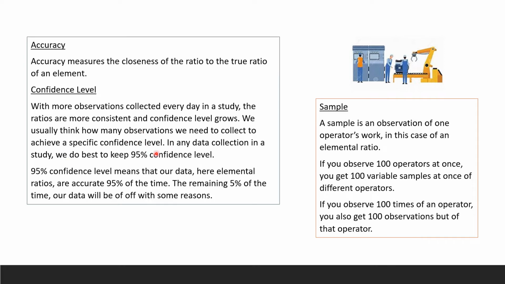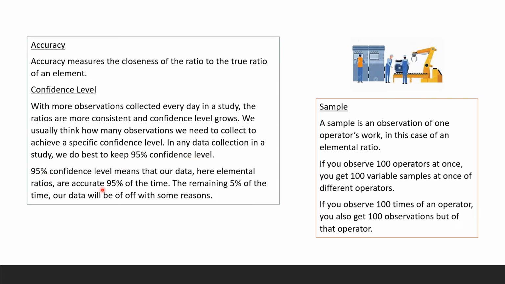So we usually think about how many observations we need to collect to achieve a specific confidence level. Every time we have to determine a confidence level for an operation, we always look at the past data and then we estimate the confidence level that we're comfortable with. In any data collection and study, we do best to keep 95%, sorry, I had a typo on the slide. That should be a 95% confidence level.